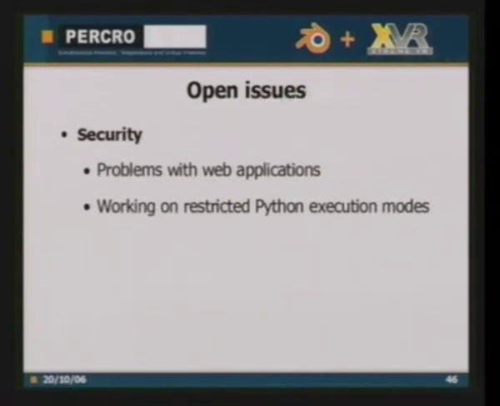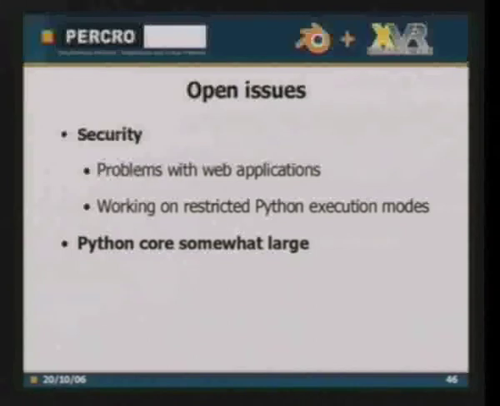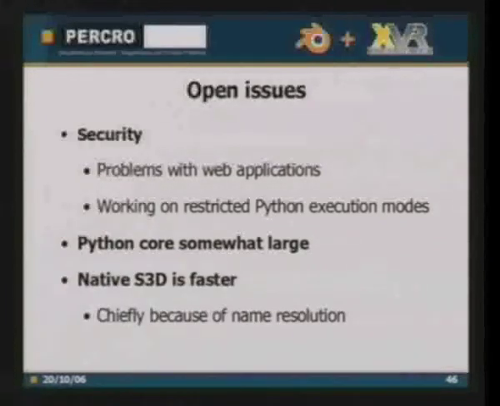There are some problems with web applications if you allow the execution of unrestricted Python code, but we are working on restricted Python execution modes. The Python core is somewhat large to download alongside the rest, but this can be reduced too. And right now, native S3D is faster, but this is because it has more limited name resolution facilities.